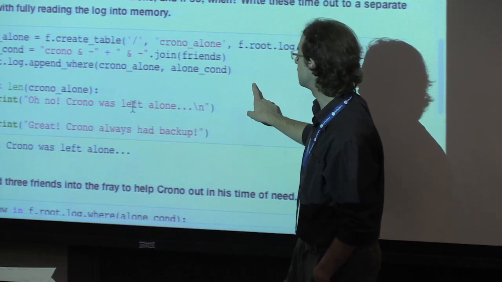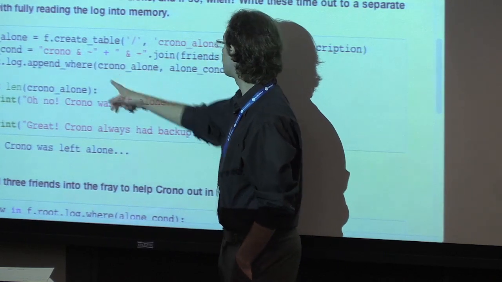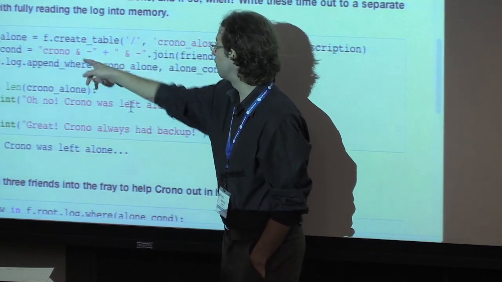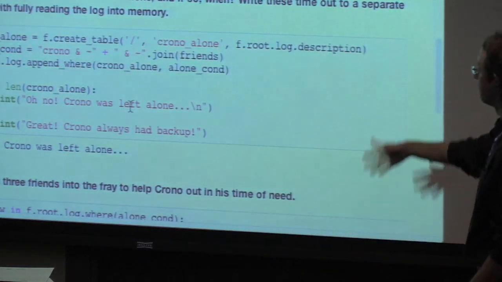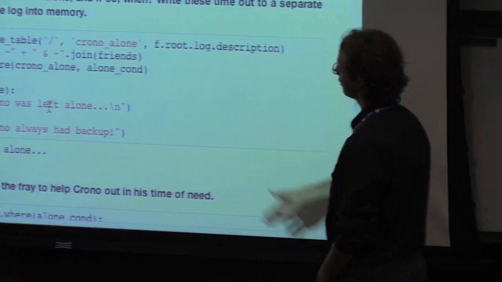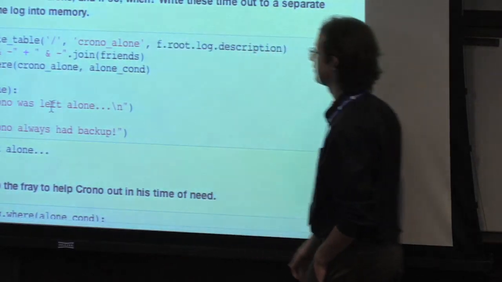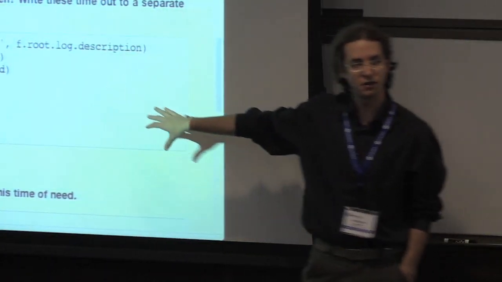You create that expression programmatically, and then append that result to this Chrono alone table, as you see there. And then if the length of that table is greater than 0, then you know that Chrono is at some point less than 0. People understand what's going on here?